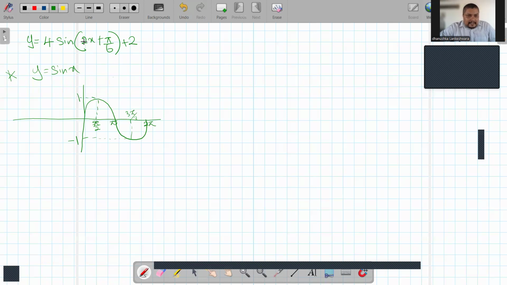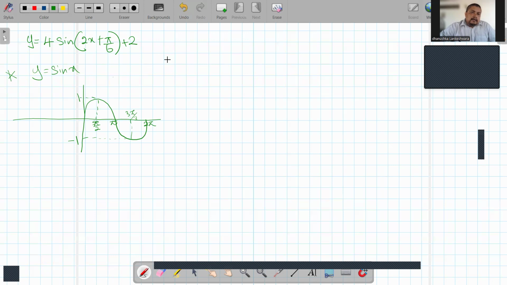And this 2 is inside the function just before the x, which means horizontal stretch by scale factor half. Always the scale factor is the reciprocal of this one. And this pi over 6 is an addition, so it is a horizontal shift, right? So how many transformations are there? 4 transformations basically.